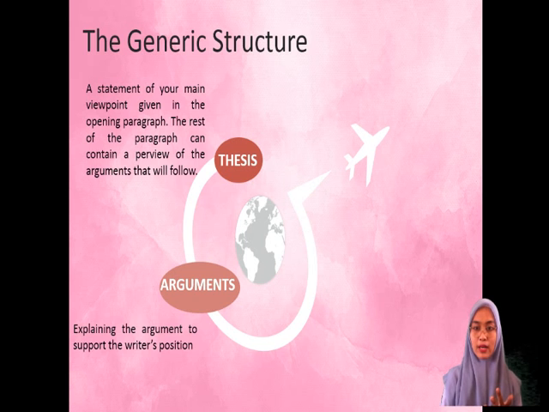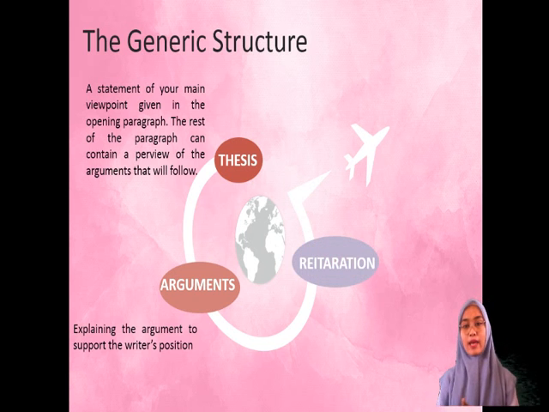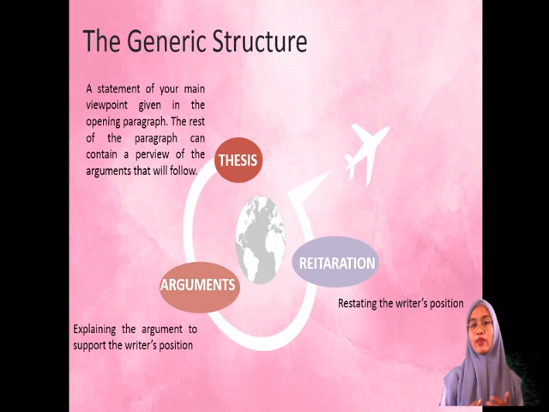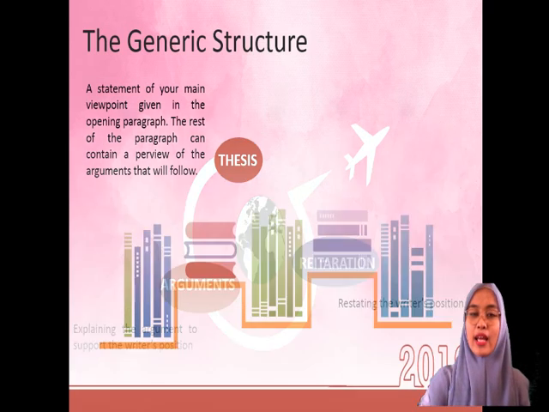And the last is reiteration. Reiteration is the same as conclusion. Reiteration contains a restating of the writer's position, usually in the last paragraph. I review again: the generic structure of analytical exposition is three: thesis, argument, and reiteration. Do you know it? Understand it? Good.